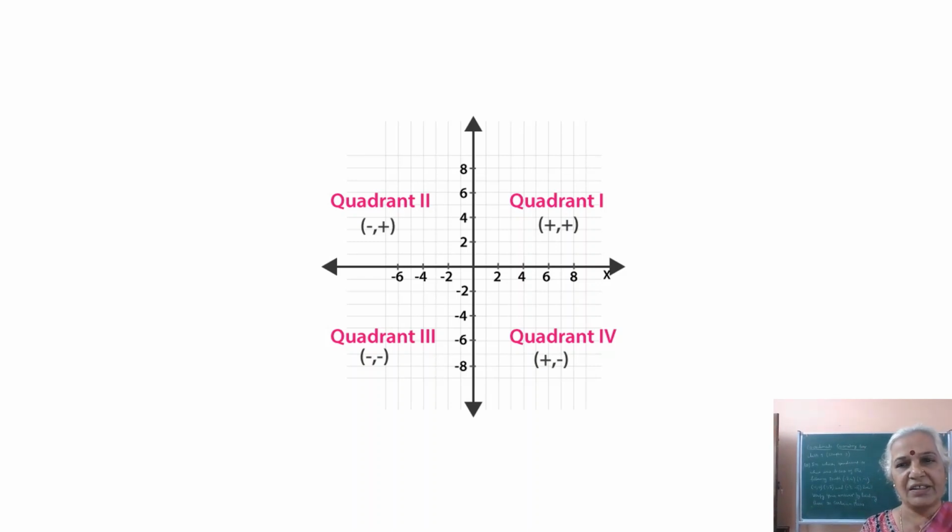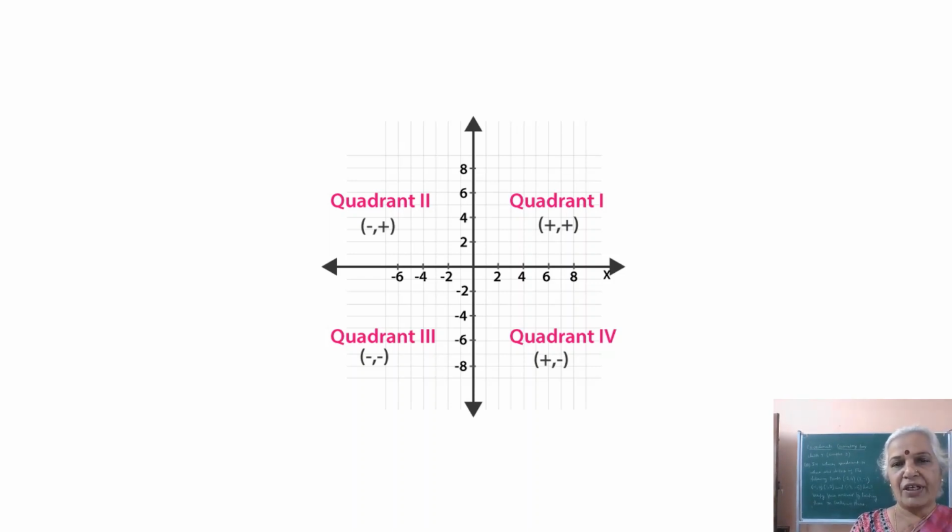And this side, the right hand side top one, is called the first quadrant, and the left hand side, this side, is called the second quadrant, and this is the third quadrant, and this is the fourth quadrant.